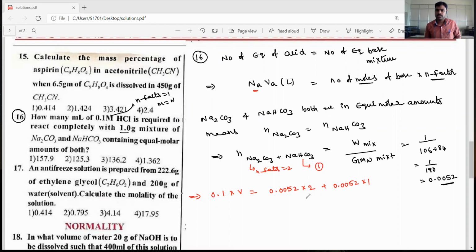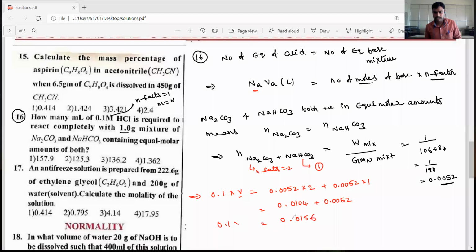Okay, dear students, now we have to find V. On simplification, 0.0052 into 2 is 0.0104 plus 0.0052. On simplification we will get 0.0156.